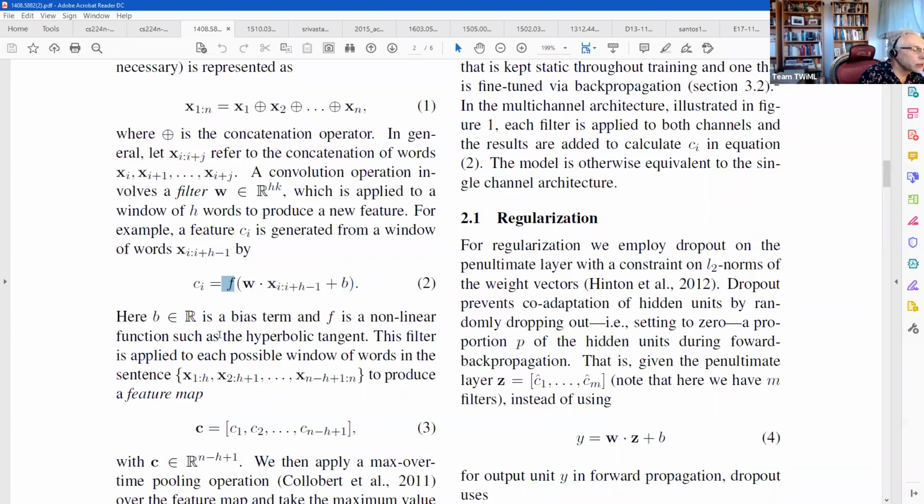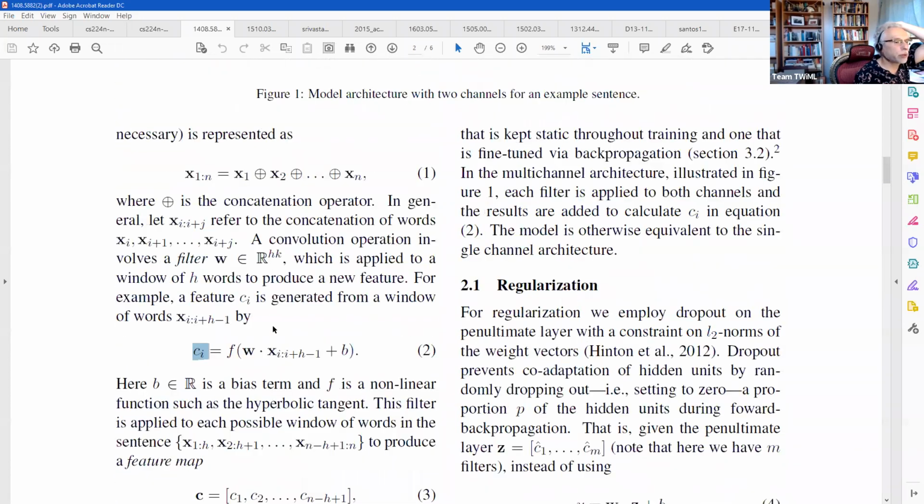In this case he talks about hyperbolic tangents. And you produce the feature map. W is the convolution weights, and that's what he talks about here. So you multiply the convolution filter by the window, then you add a bias, and then you follow it by a ReLU. The output of that is called the feature map.